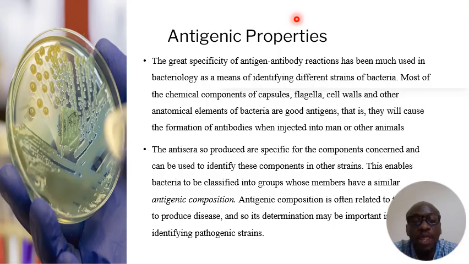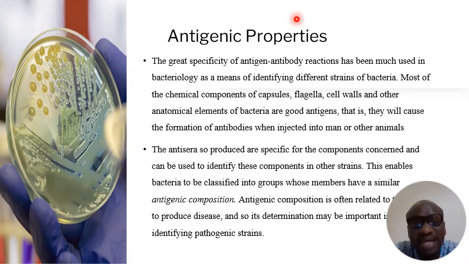Let me come again. When these organisms or their components are introduced into animal cells, animal blood, they will stimulate the production of specific antibodies in response to their presence.